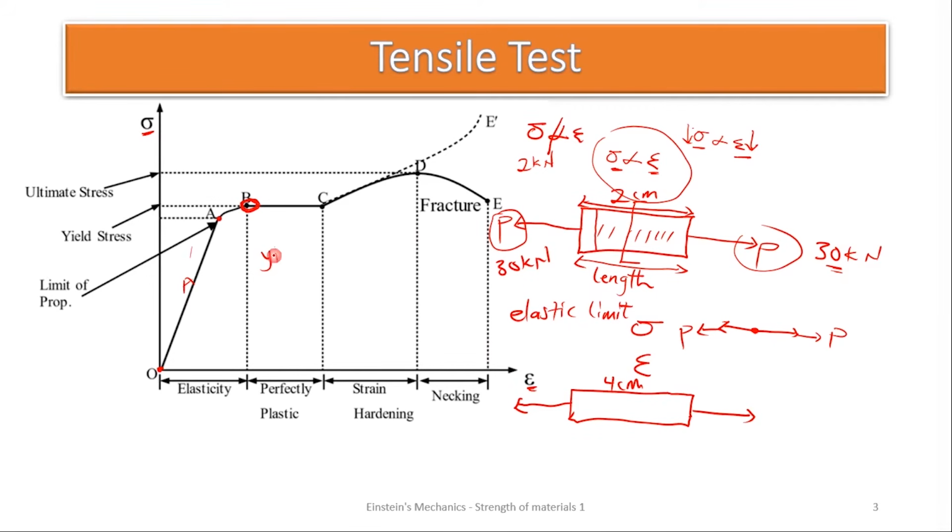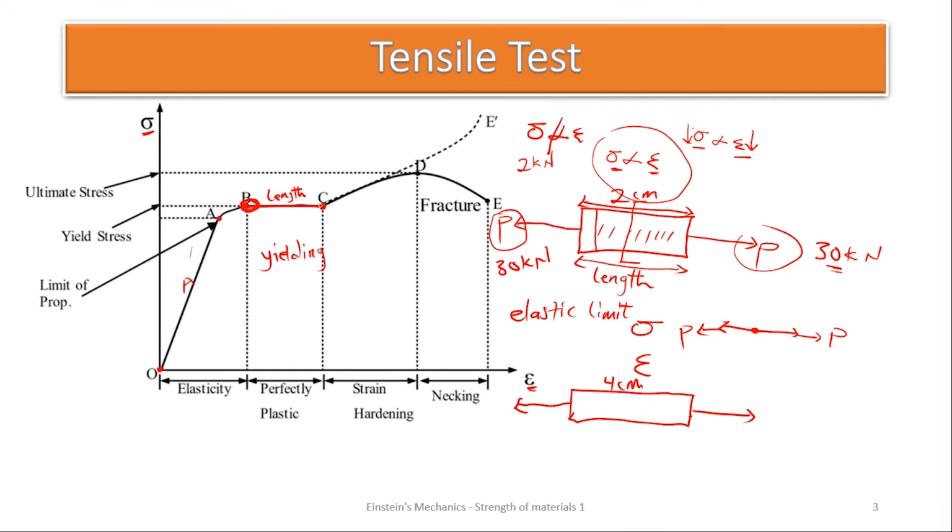No one is applying any other force, but at this point it is going to elongate by itself. You can see that it is a straight line, meaning it is elongating. The length of the bar is going to elongate. I hope you get it.